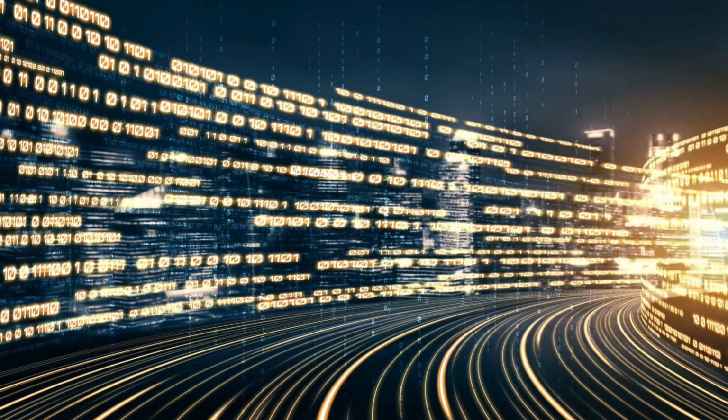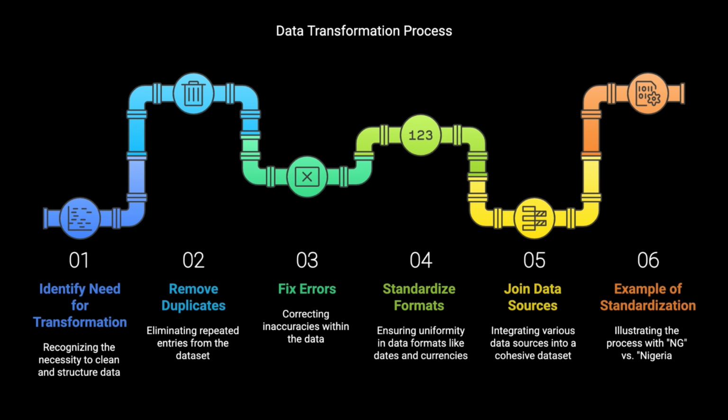Then once data is extracted, it moves to the next stage, which is transform. The transform stage is all about cleaning and structuring data. So think about the example of cooking again. Before you eat, you need to wash, chop, and cook your ingredients. The same thing happens with data. Raw data is often incomplete, inconsistent, or full of duplicates.